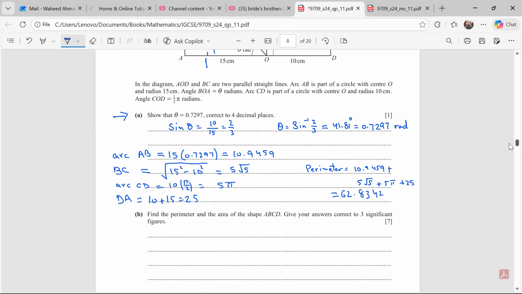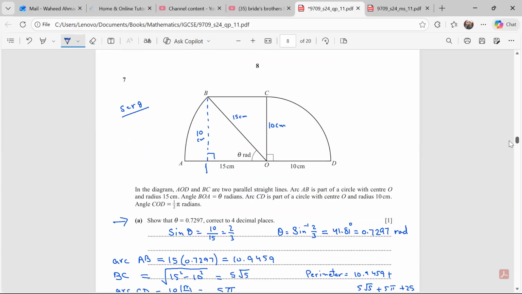How do we calculate area? Again, there are three figures here: 1, 2, 3. So 1 and 3 are the sectors and 2 is a triangle.